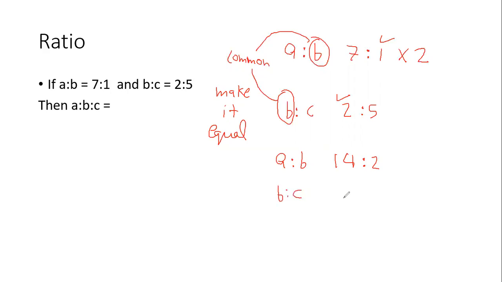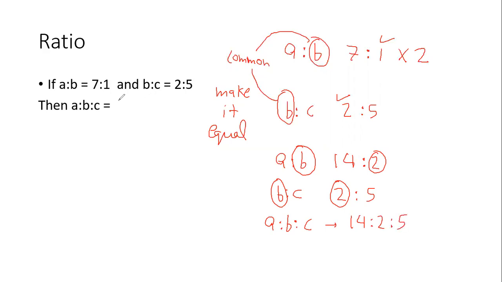And the second equation, I'll leave as it is, that is 2:5. Now I realize the variable that is common, the values are the same. Now I can directly compare the ratio of A is to B is to C. That will actually be 14:2:5.